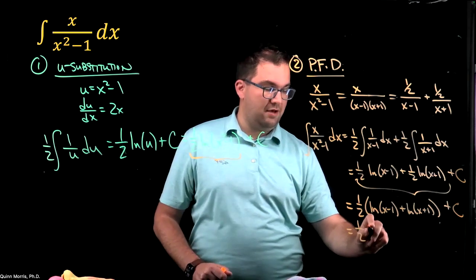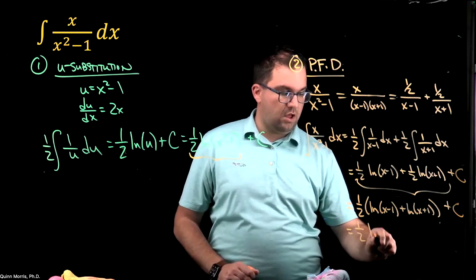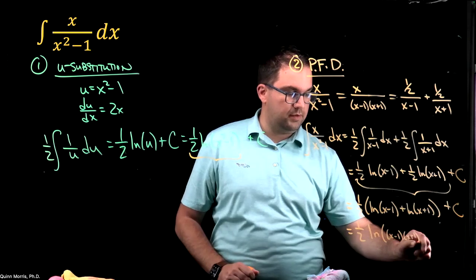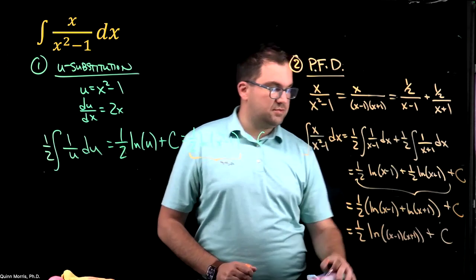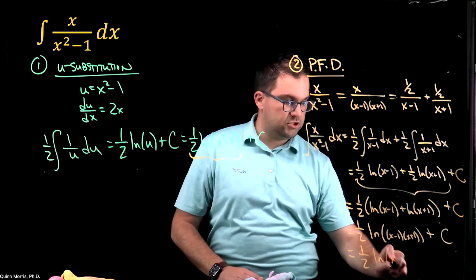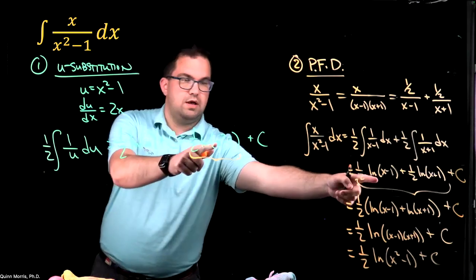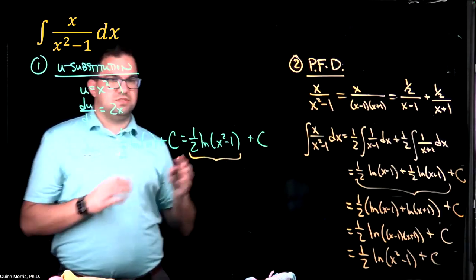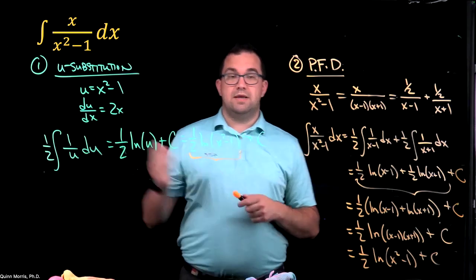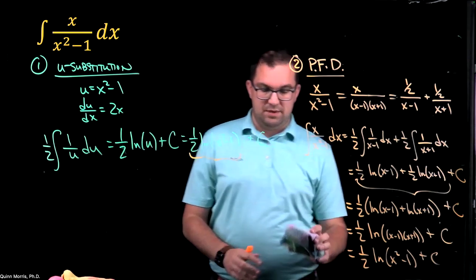So this is really 1/2 times the natural log of x minus 1 times x plus 1. But x minus 1 times x plus 1 is just x squared minus 1. So really, these two were the same, but just written in slightly different forms. Okay. So again, in this case, u substitution or partial fractions decomposition both give the same answer.